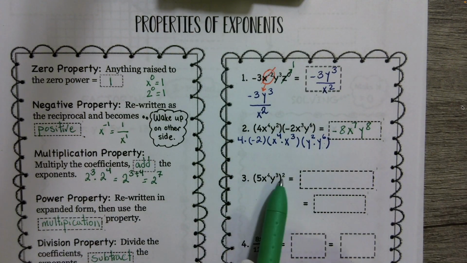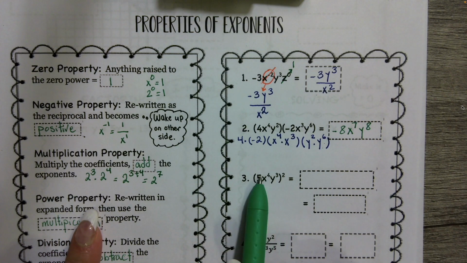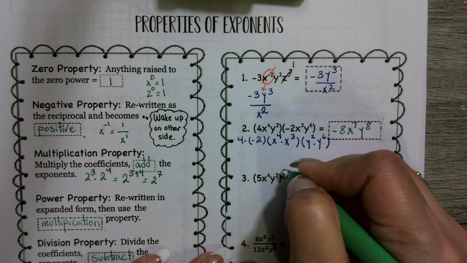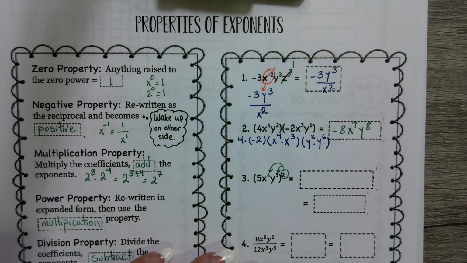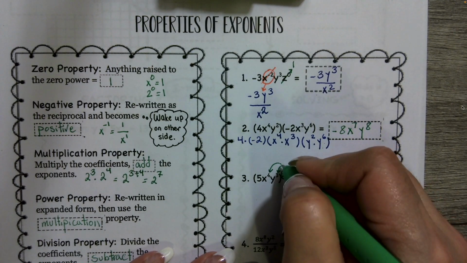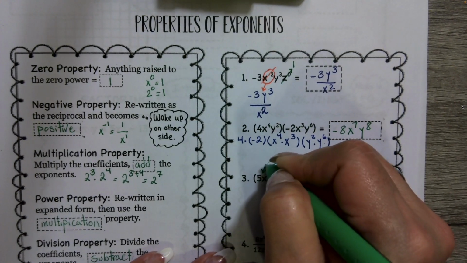Now, if we have power to the power, remember, power property. You just multiply this 2 to every single one of these powers here. Okay? And you raise this one too.